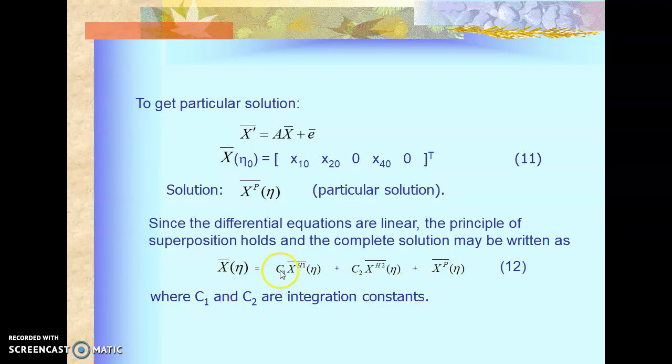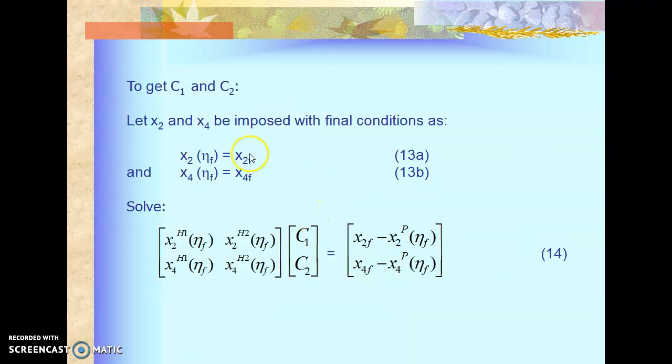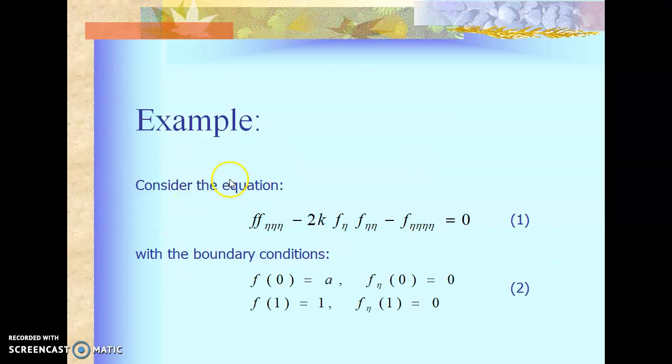Now our job is to get the values of these two constants C1 and C2. To get these constant values, we will make use of the boundary conditions. Let us say x2 and x4 are given at the final value. So this is x2 and x4. We take these two conditions because they must satisfy the given system.